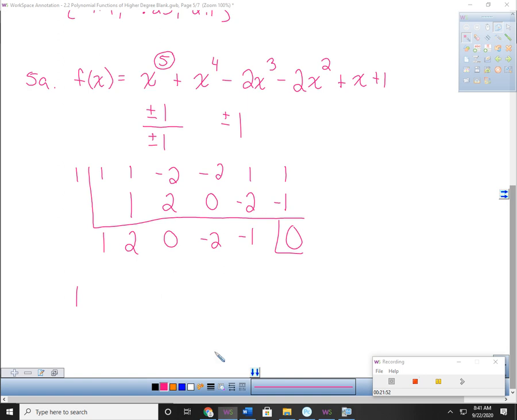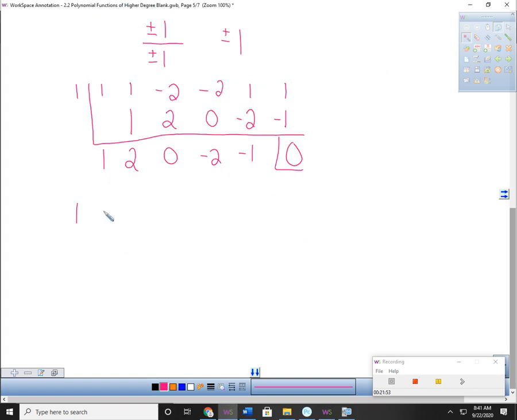So what you're going to do is just drop down the 1, the 2, the 0, negative 2, and negative 1 into the next box. And we're going to do that whole process again. So drop this first one down and multiply by 1.